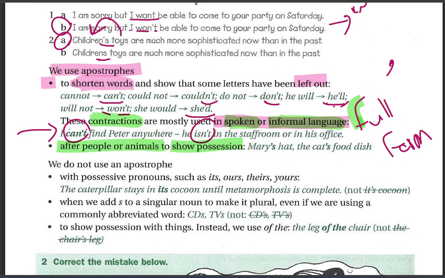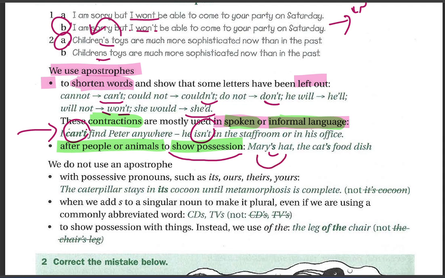So when it comes to showing possession, that something belongs to somebody, we use an apostrophe. Look at here. Mary's hat. So the hat belongs to Mary. The cat's food dish. So the food dish belongs to the cat. So we use apostrophe S to show the possession.